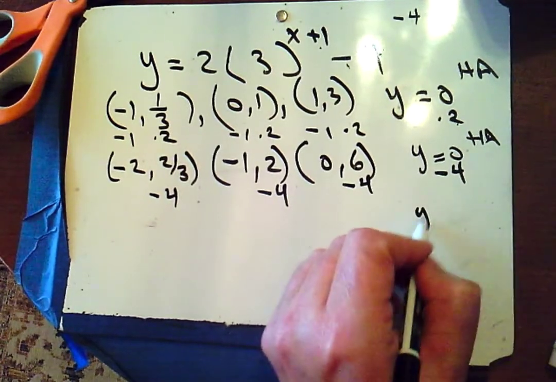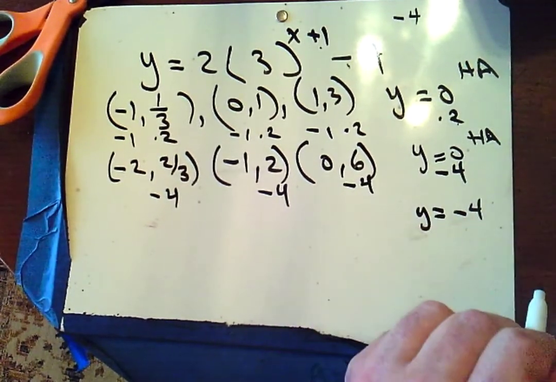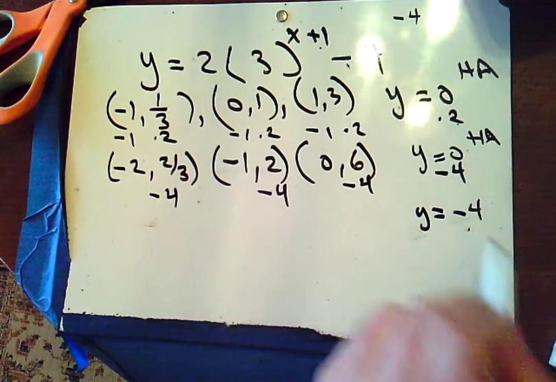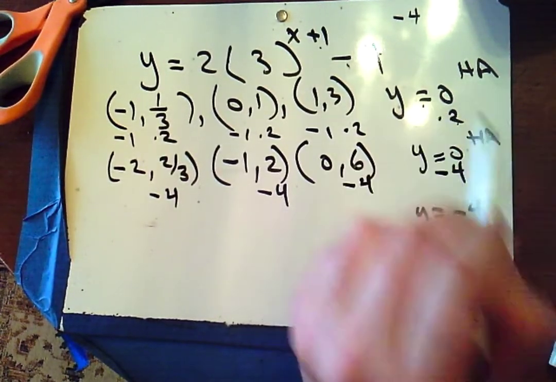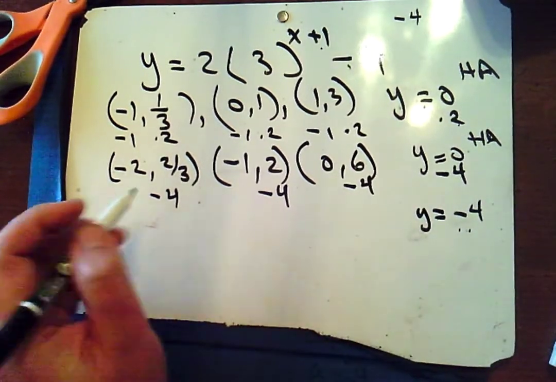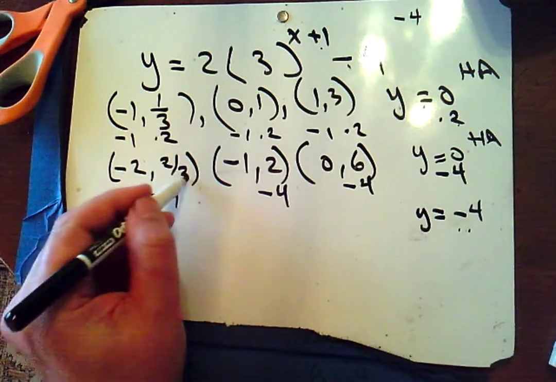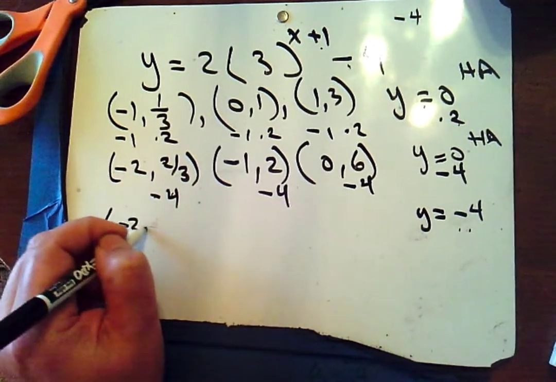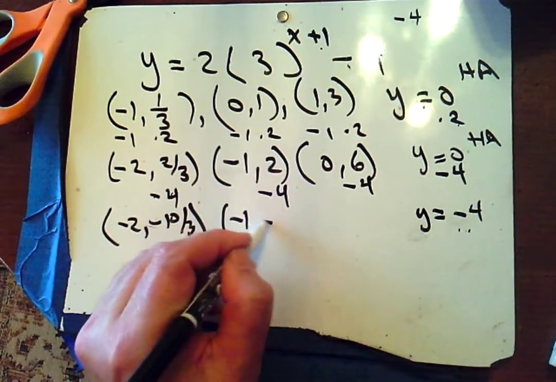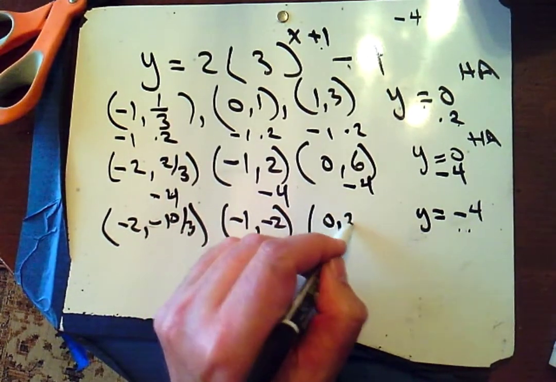So I see my new horizontal asymptote is at negative 4. This shifts the whole graph down 4 places. So instead of a horizontal asymptote at 0, I've got a horizontal asymptote at negative 4. Okay, minus 12/3 plus 2/3 is going to be minus 10/3. Negative 1, negative 2, and 0, 2.